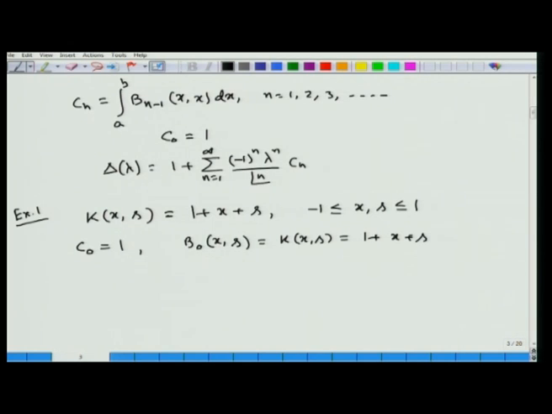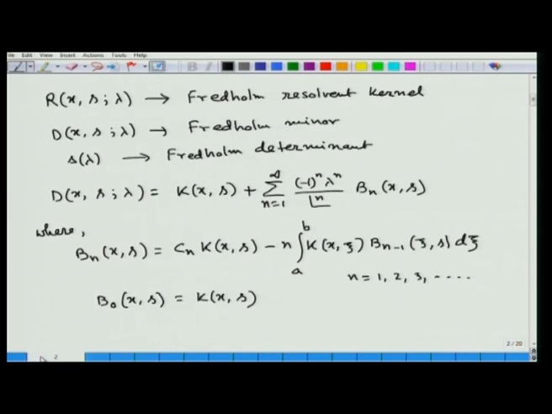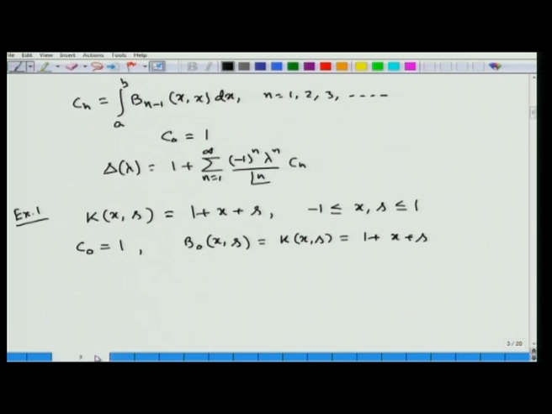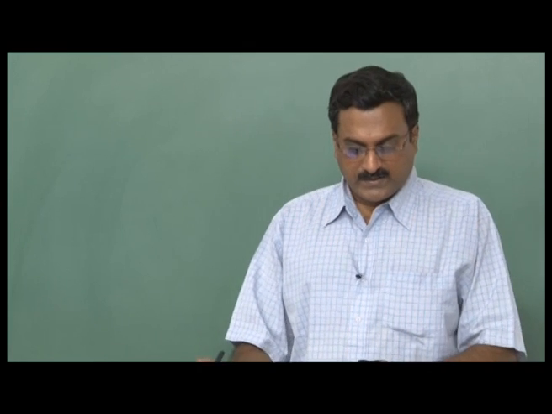You have to keep in mind that the formula for Bn involves Cn and Bn-1, and the formula for Cn involves Bn-1. We already have C0 and B0. As per definition, B0 is k(x, s). So, using this expression for B0(x, s), now we can calculate C1.